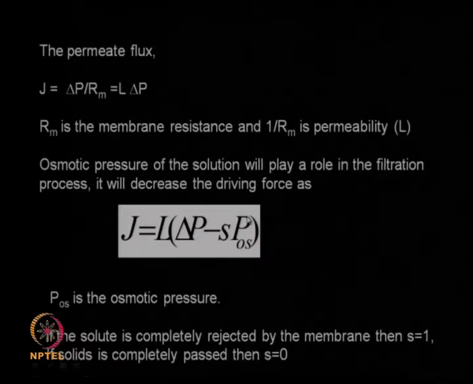That means if solids completely move to the other side, then the osmotic pressure has no effect on the driving force, whereas if the solute is completely captured, that means on the downstream you have pure solvent without the solute, then osmotic pressure will have a maximum effect because S will take the value of 1. So, S takes a value of 0 or 1 and it is 0 if the solute or solids get completely passed. So, the effect of osmotic pressure is completely felt in the membrane process. So, the delta P gets decreased because of the osmotic pressure.